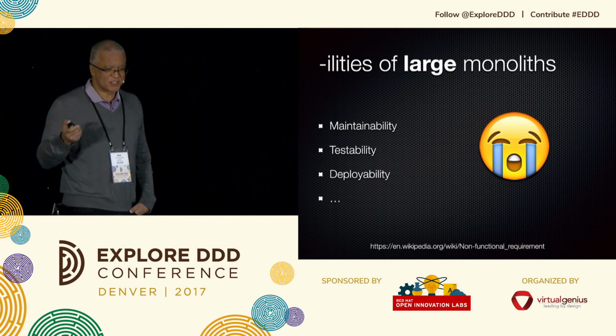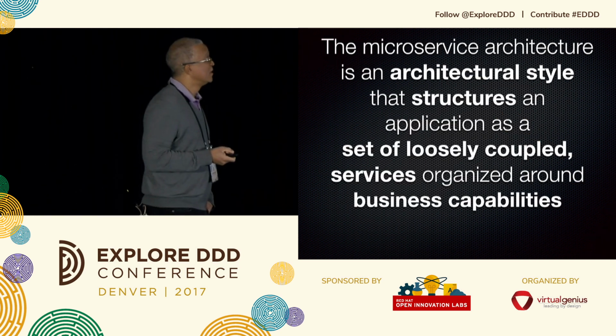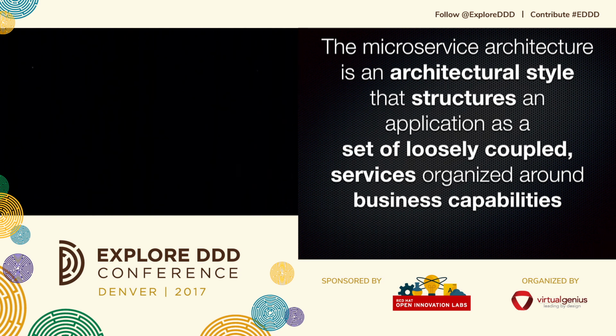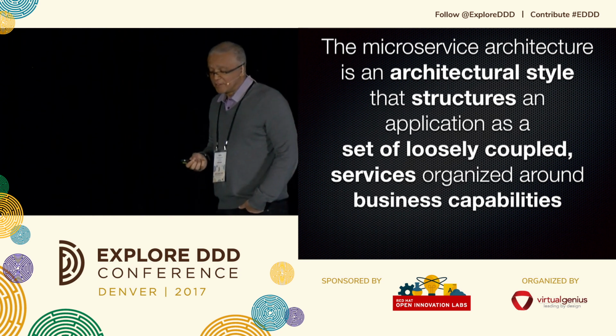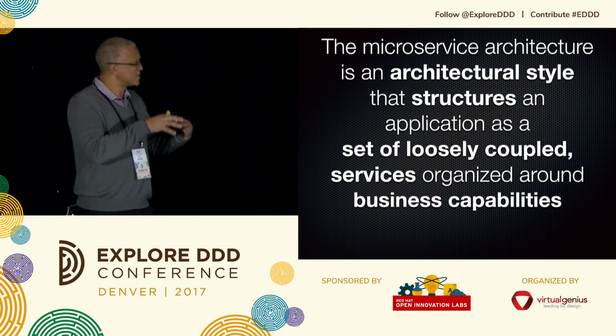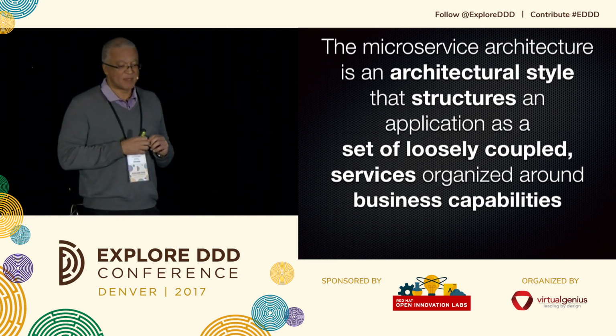So, of course, a solution is to embrace the microservice architecture. That's an architectural style that structures the application as a set of loosely coupled services, and those services are organized around business capabilities.